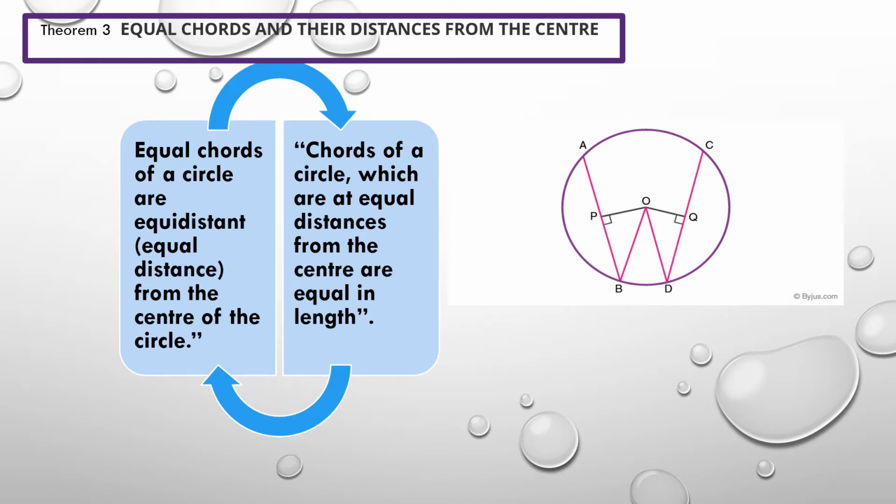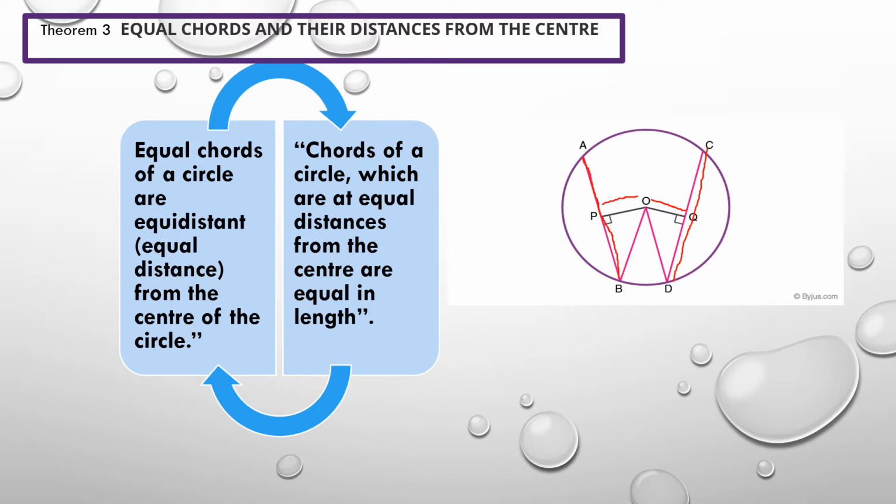The next theorem is about equal chords and their distance from the center. It states that if two chords are equal, then they must be equidistant from the center. That is, if AB is equal to CD, as you can observe here, then OP must be equal to OQ.